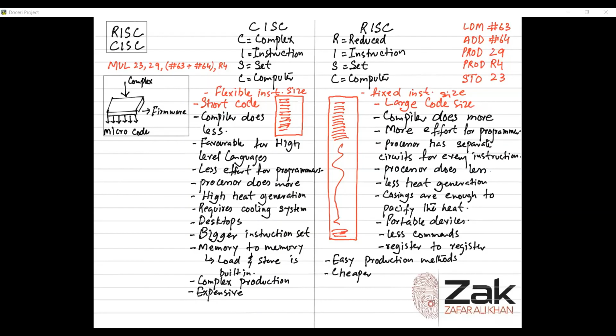Now the processor does more here. Over here the processor does less, because the processor would have the extra duty of converting the complex code to microcode. Over here, high heat generation. Now this is another indication. All those devices which have coolers and fans in them to cool down are made up of what? CISC. But you can see that these handheld devices like your iPads, tabs and cell phones do not have a fan in them.